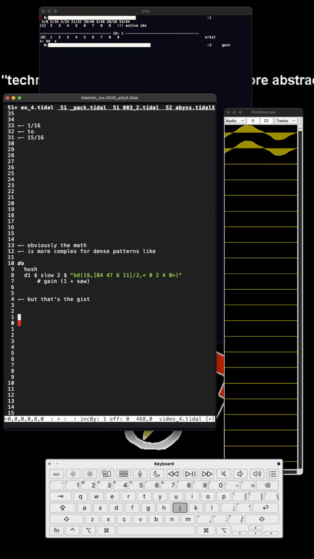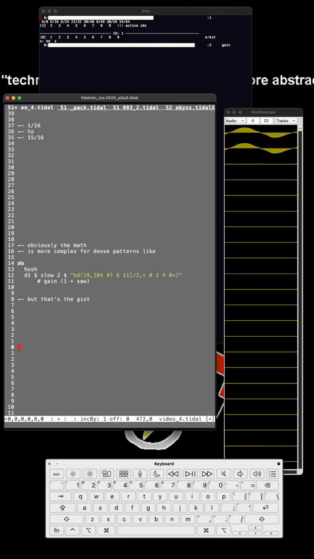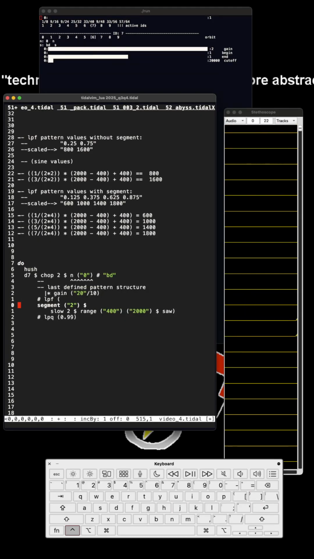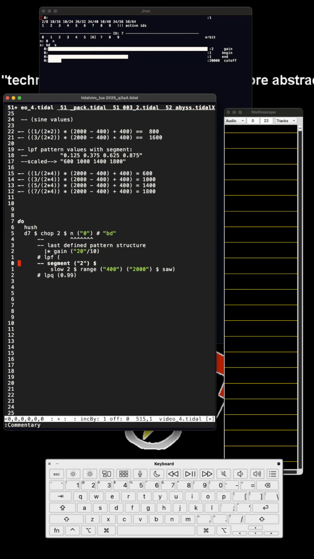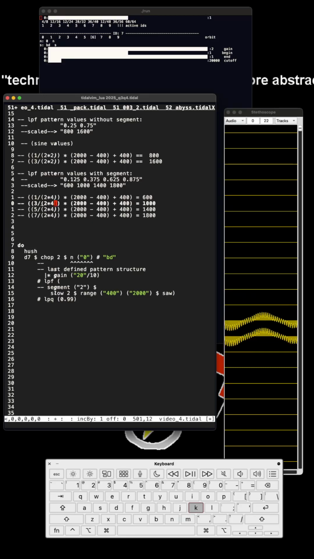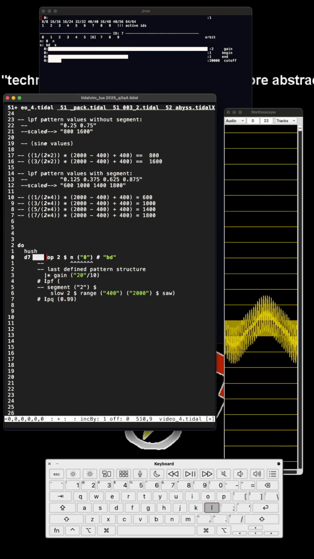That's the basic system. So if we were going to write all this out for this simple pattern, without the segment, it goes between these two values. Because with the chop, n is 2 in this case.